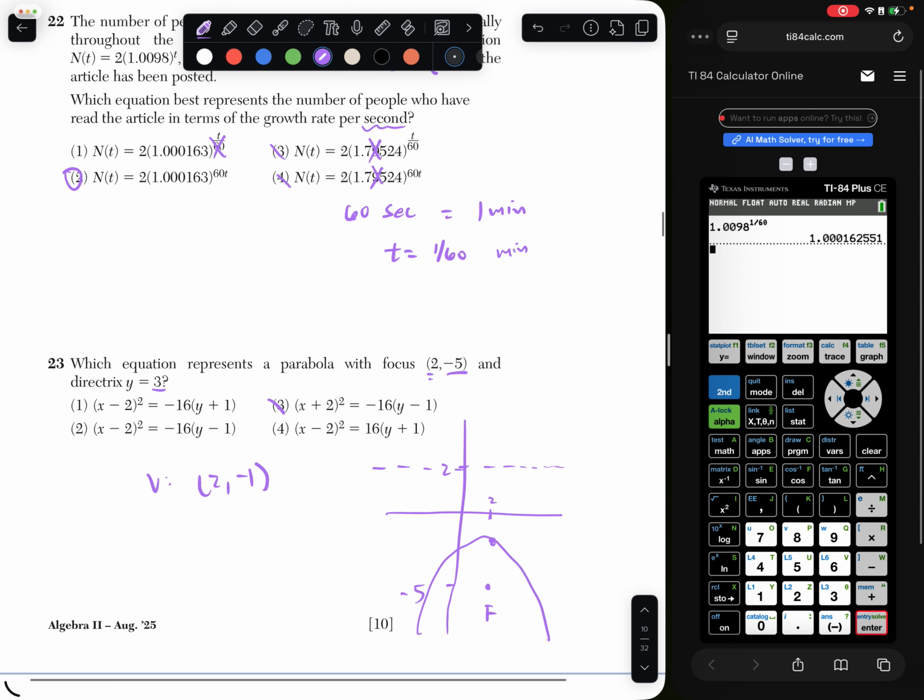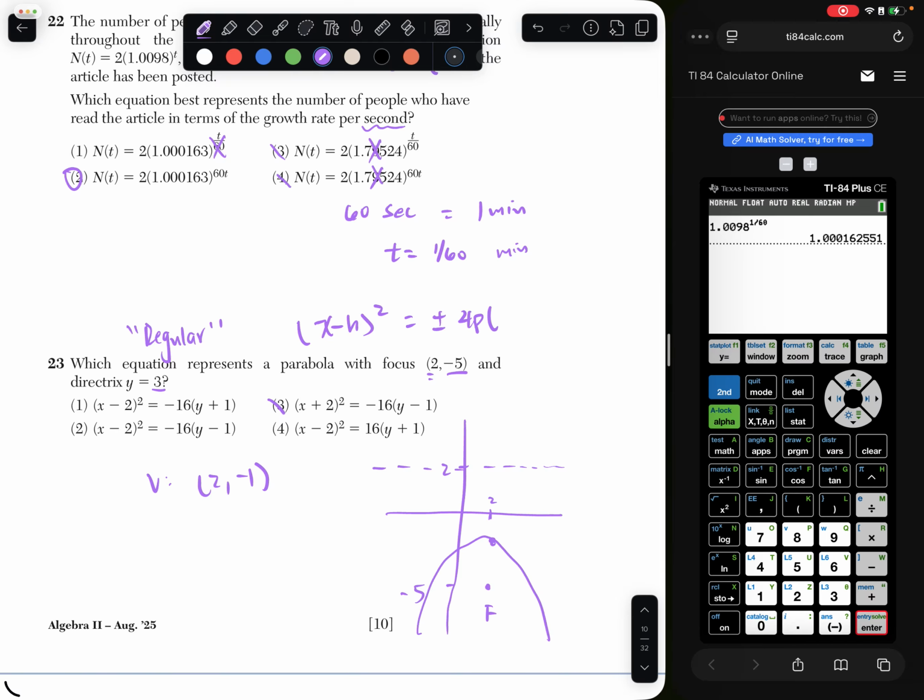So when we have a regular parabola, one way to express a parabola when we're dealing with the focus and directrix definition is (x - h)^2 = plus or minus 4p times (y - k). My (h, k) is my vertex.